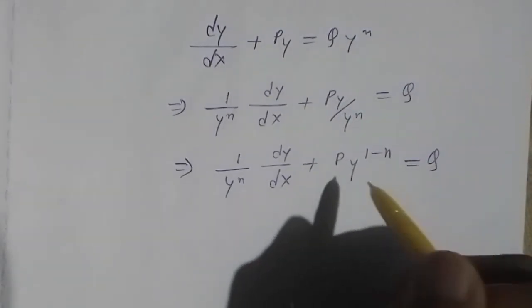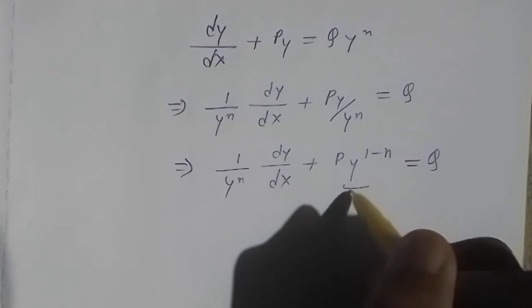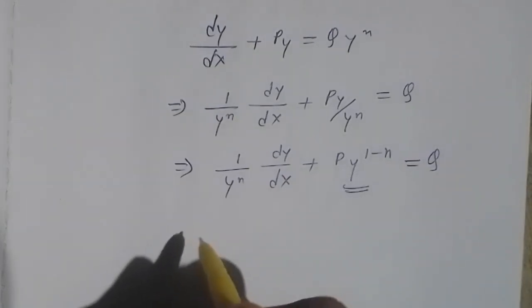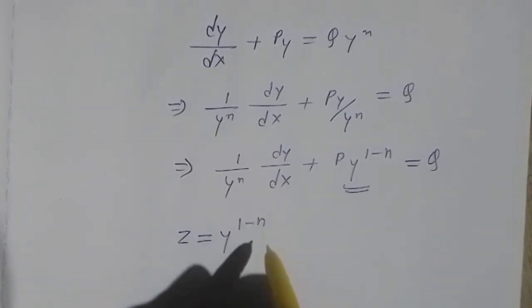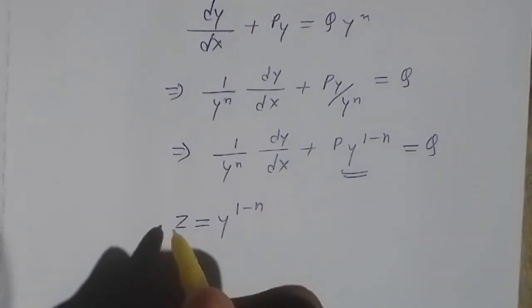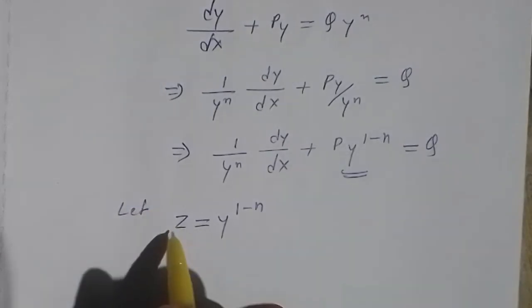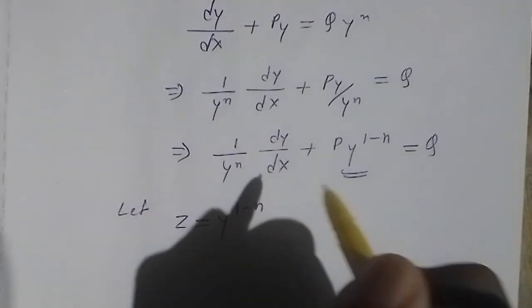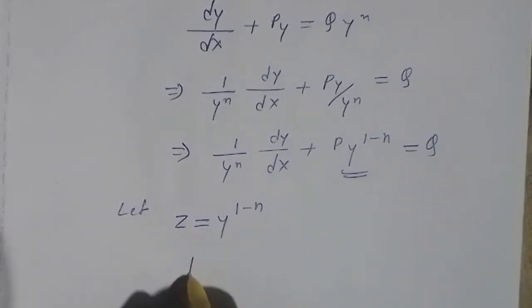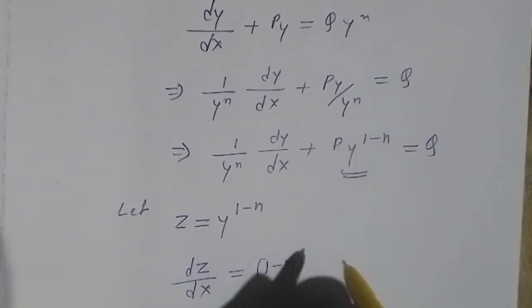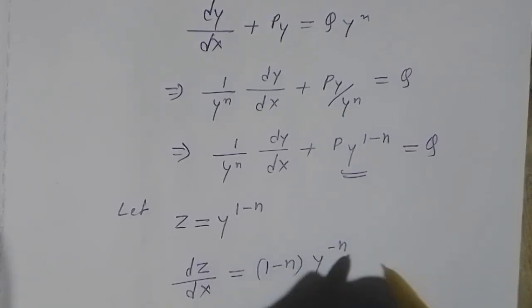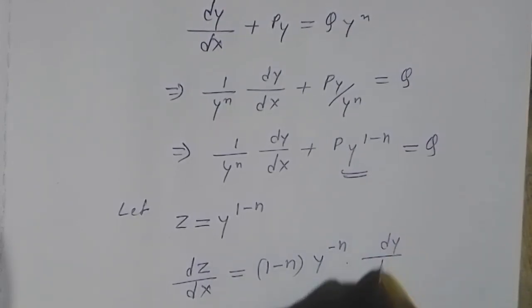Now using the substitution method, let's substitute this y to the power 1 minus n term as z equals y to the power 1 minus n. So let's differentiate z with respect to the independent variable x. Then we get dz by dx equals 1 minus n into y to the power minus n into dy by dx.